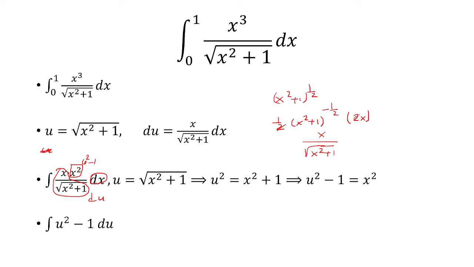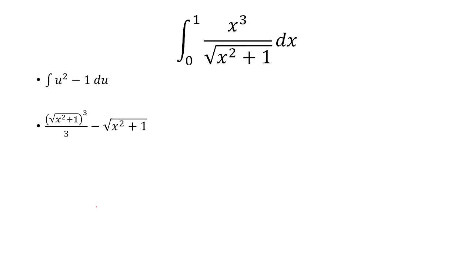So I have u squared minus 1 times du inside the integral. And now this is pretty easy. U squared is just u cubed over 3. And then 1 is just u, the antiderivative. And remember, we said u was the square root of x squared plus 1. So plug that in here.